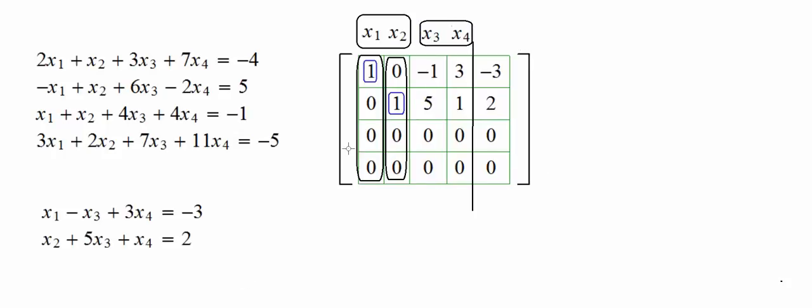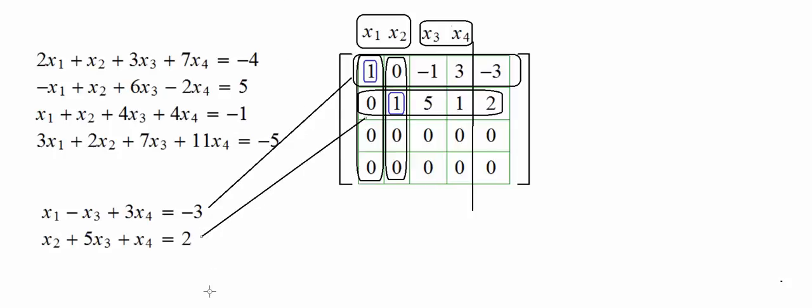So now we are going to write the system corresponding to this row reduced augmented form. From the first row we get this equation, okay? And from the second row we get this equation, okay?